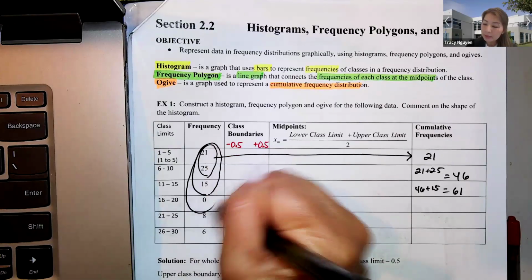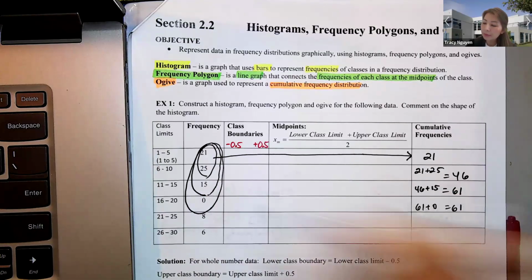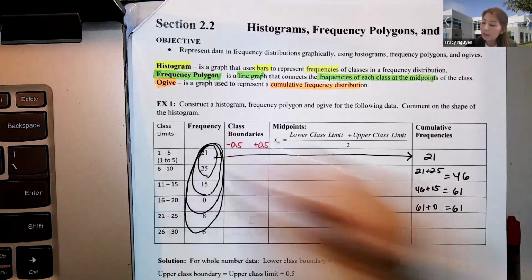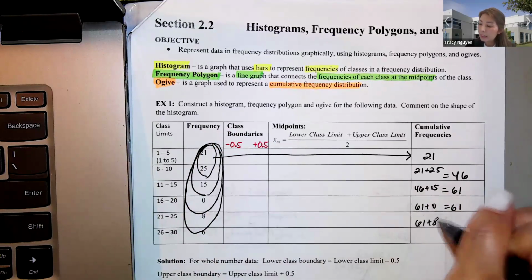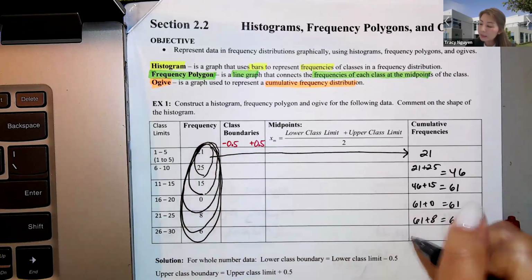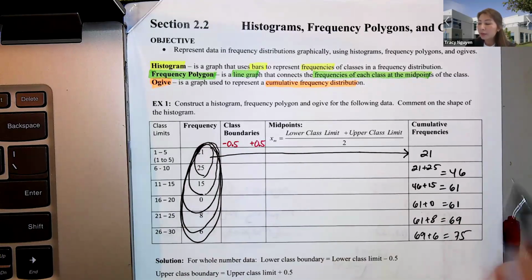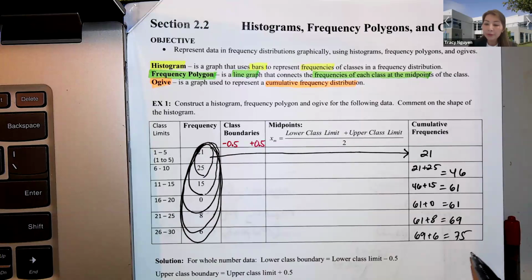Next one here, 61 added with 0, which we get 61. 61 added with 8, 69. 69 added with 6, which equals 75. Now, without seeing the raw data, because the cumulative frequency goes up to 75, that tells us the data set has 75 data values, okay?